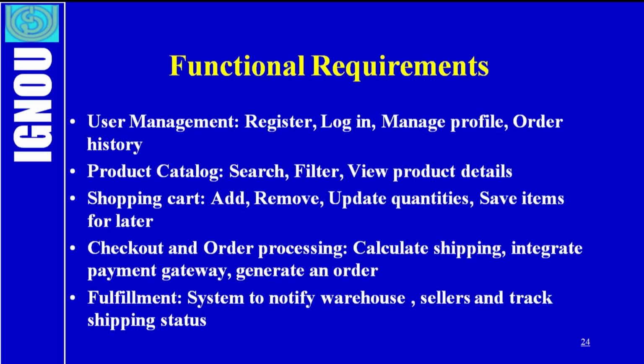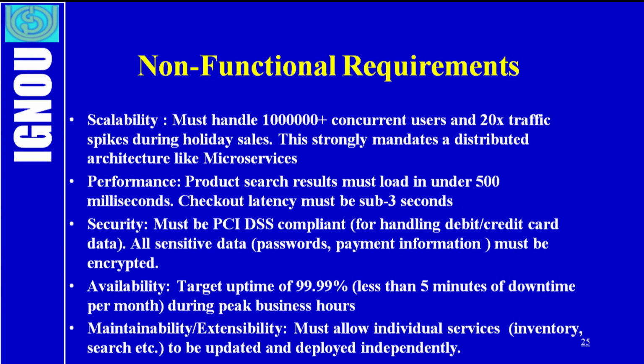These are the different requirements of this particular application for which we are working out on architectural design. The non-functional requirements are scalability, performance, security, availability, maintainability, and extensibility. These are the non-functional requirements.